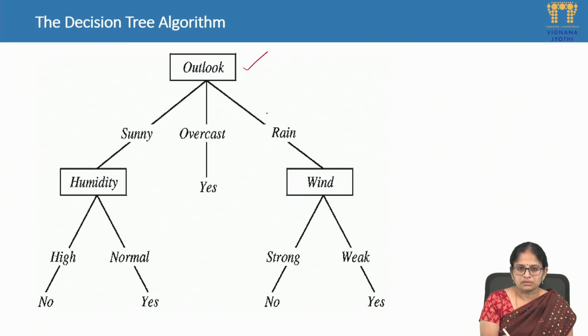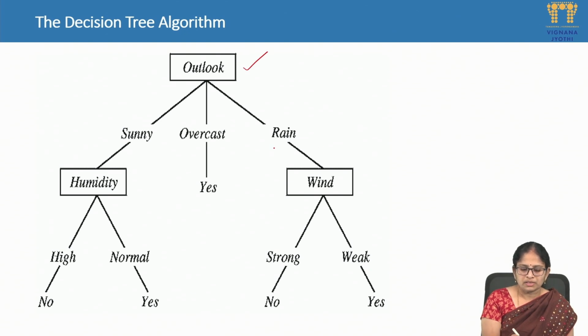The number of branches coming out of a node represents the number of distinct values of that attribute. Once the test on the outlook is conducted, the data set is decomposed into three smaller subsets. One subset will have the outlook as sunny, the second subset will have the outlook as overcast, and the tuples having the outlook value as rain are taken into the third subset.